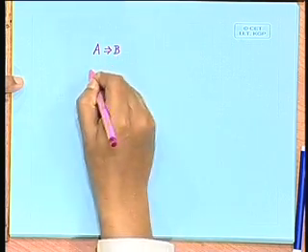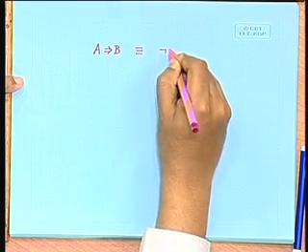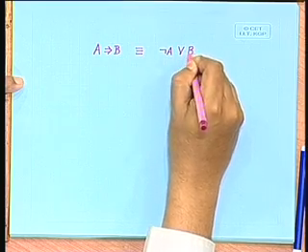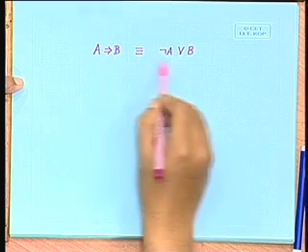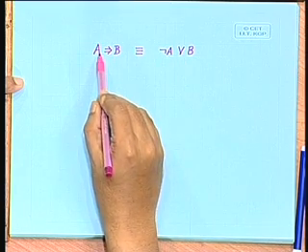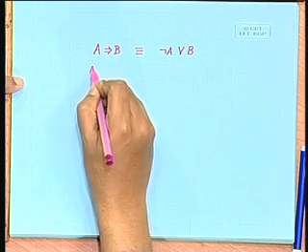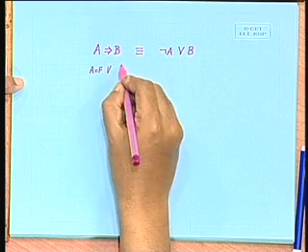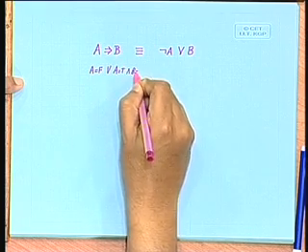This is equivalent to not A or B. Now, please try to understand the equivalence between these two, right. This is true when either A is false or A is true and B is true, right.